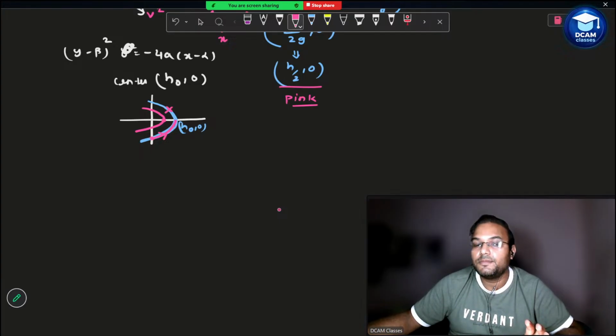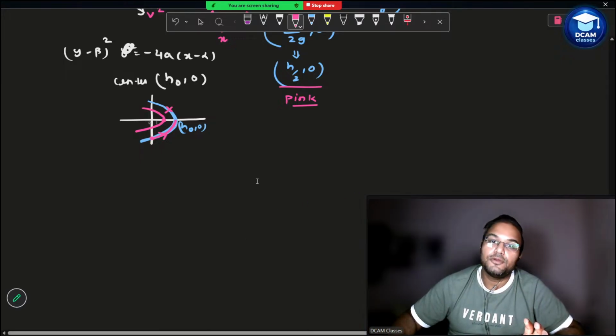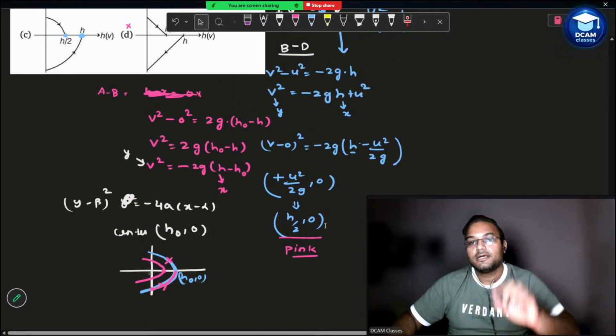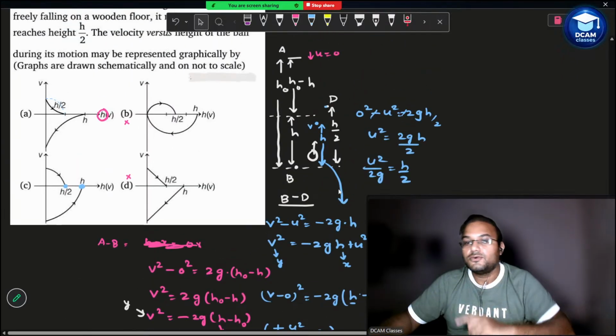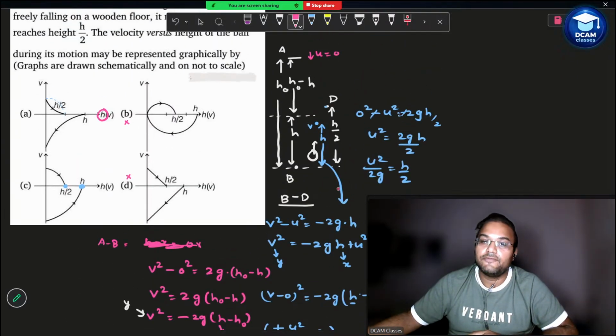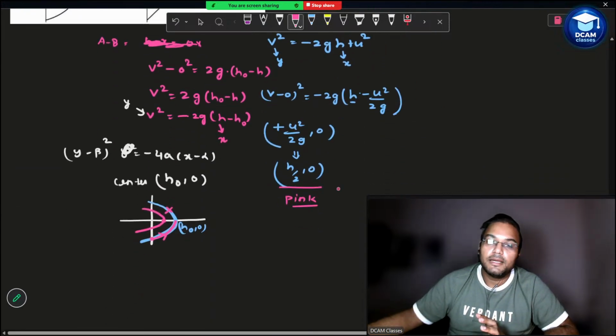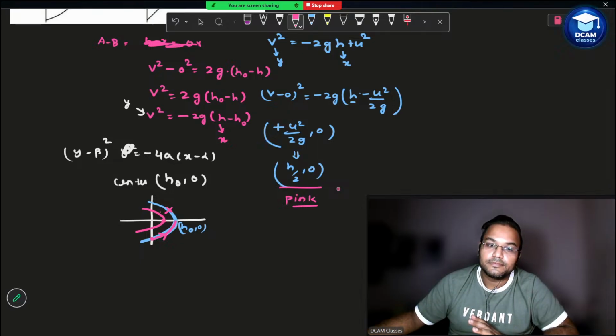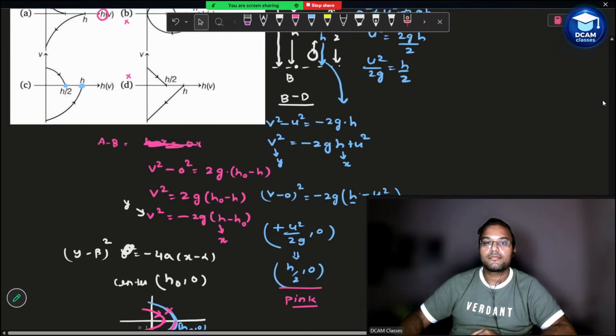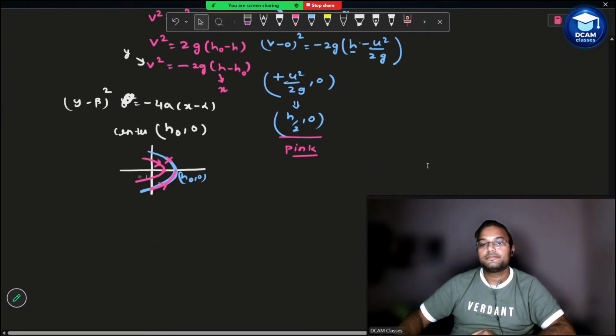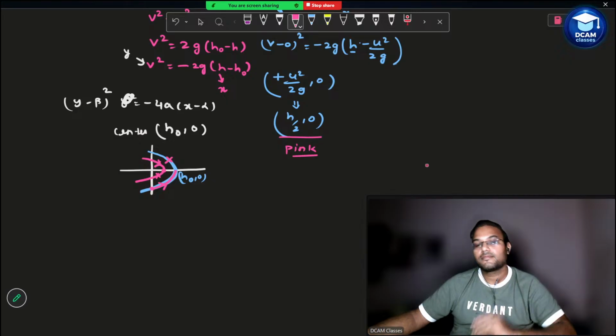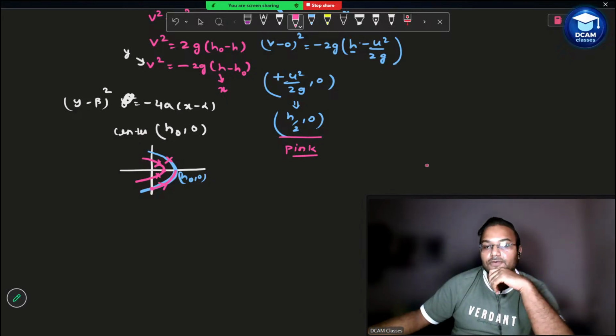This part won't be there because this part would be taken if it rebounds with the same velocity and reaches the same height h. But for the second reverse motion, we'll be taking this part only. Got it? That's why our graph is this.